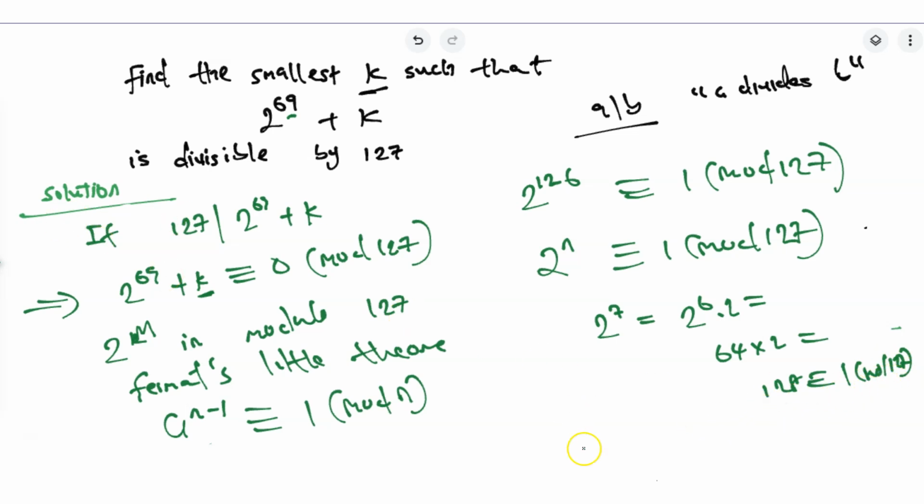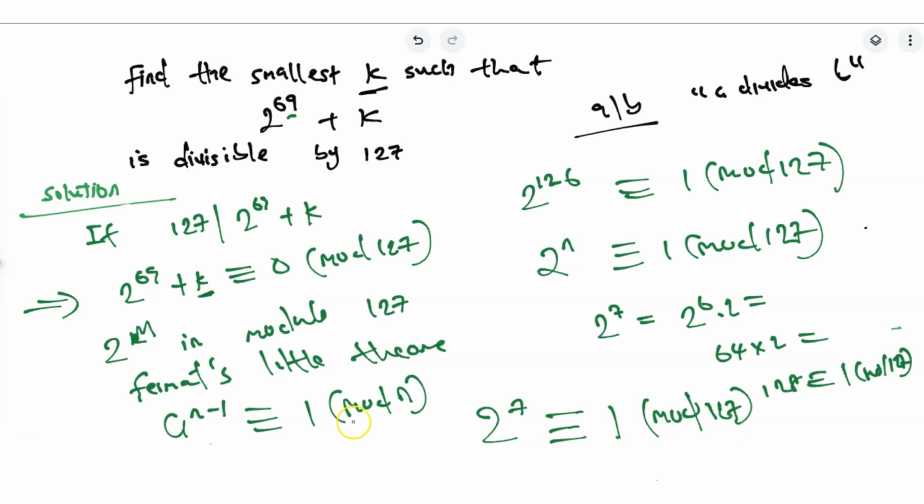This means that 2 to the power of 7 is actually congruent to 1 modulo 127. So Fermat's little theorem guarantees us that 2 to the power of 126 is congruent to 1 modulo 127, but it is too large a number to be useful. However, the smallest number possible is 7, so that 2 to the power of 7 is congruent to 1 modulo 127.